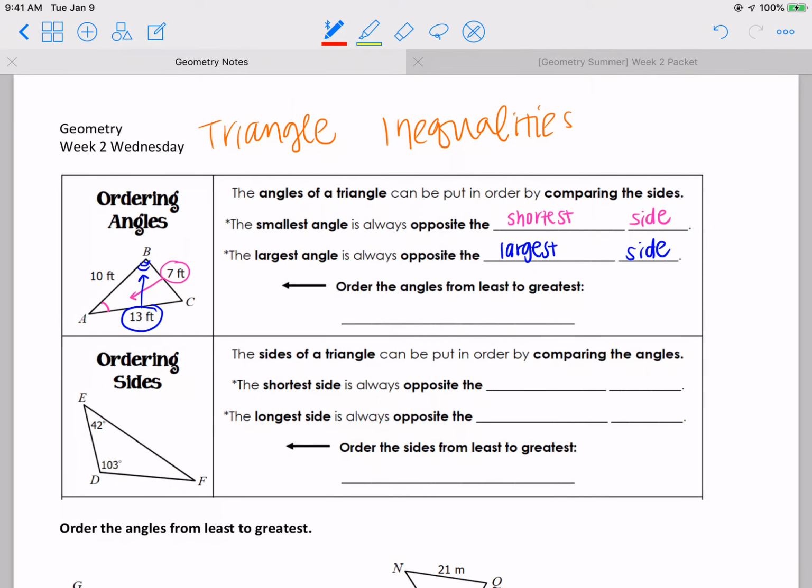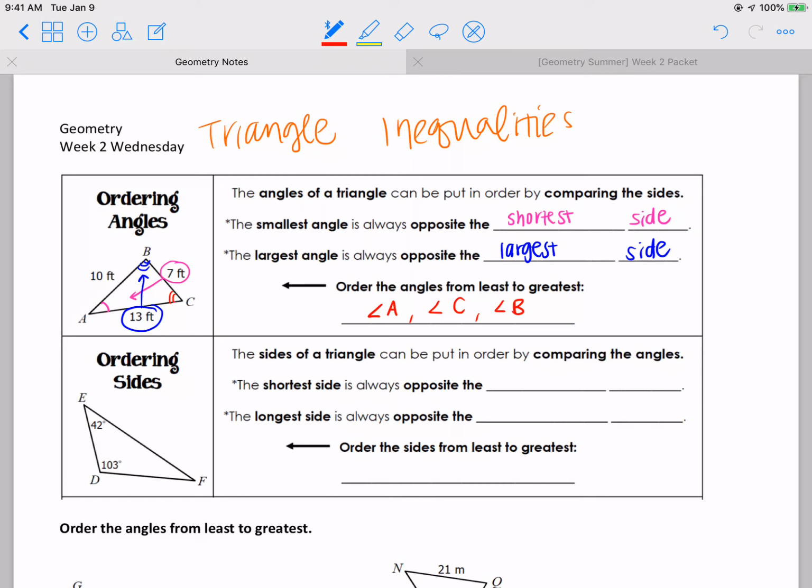And then the remaining one is just 2 tally marks. Okay, so I'm going to be ordering these angles from least to greatest. So angle A is the smallest, and then angle C and angle B. That's how we write it.